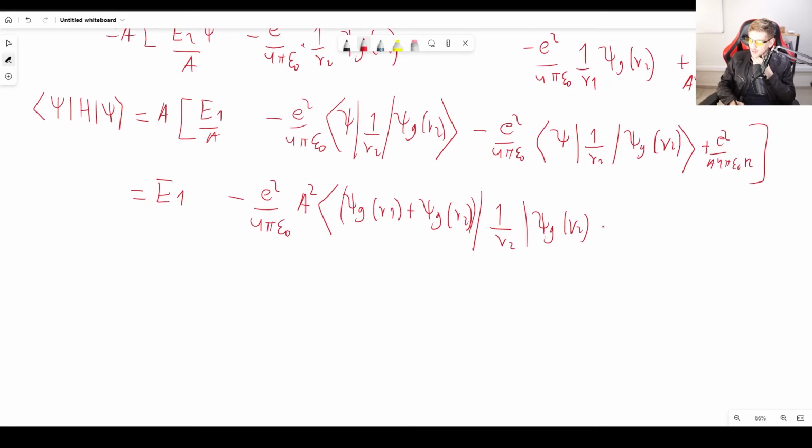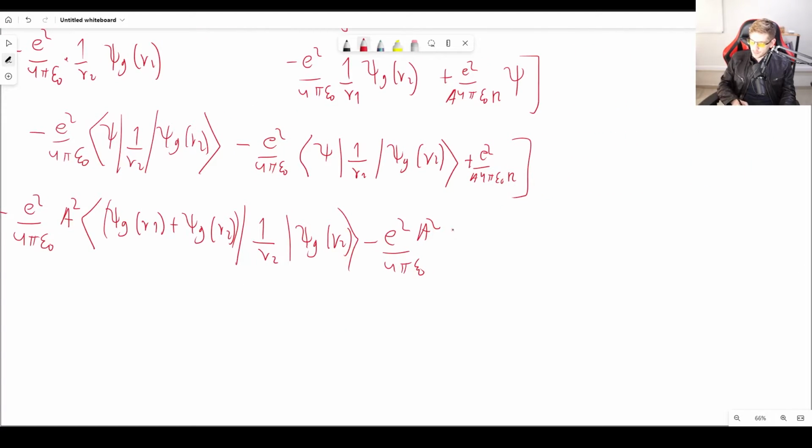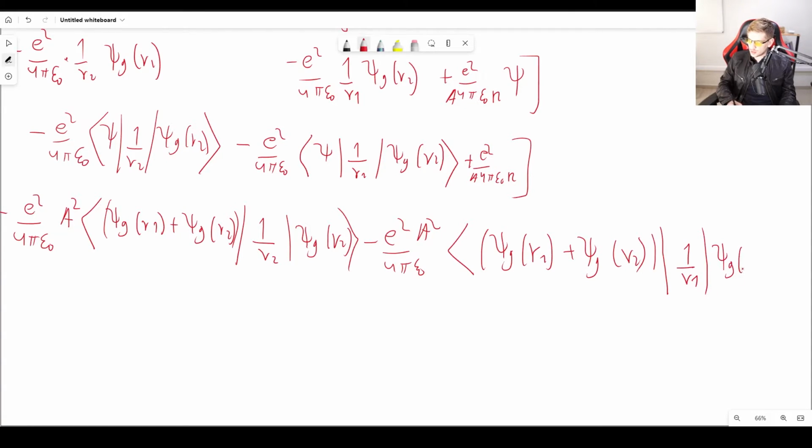And the exact same thing here: minus e squared over 4 pi epsilon 0 times a squared. And then we get bra of psi g of r1 plus psi g of r2, and then close parentheses, 1 over r1, psi g of r.